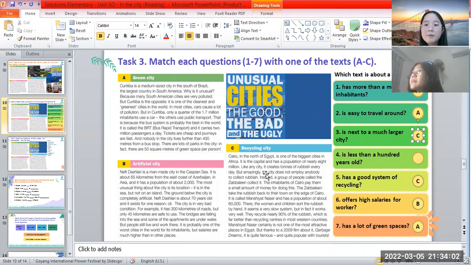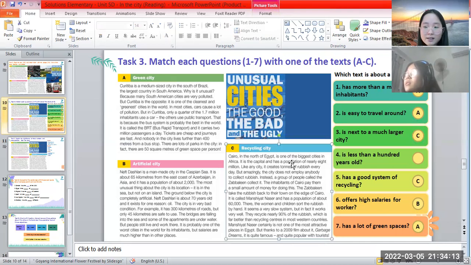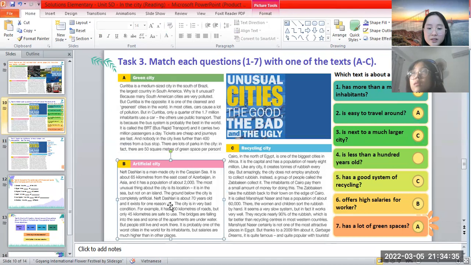Now look at question number 4. Which city is less than 100 years old? Let's find it in paragraph B. Here, Neft Larry is about 70 years old and it exists for one reason, oil.